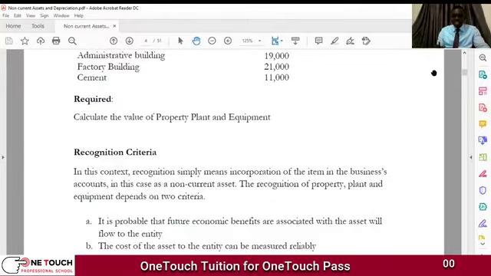Now, the recognition of property, plant, and equipment depends on two criteria.